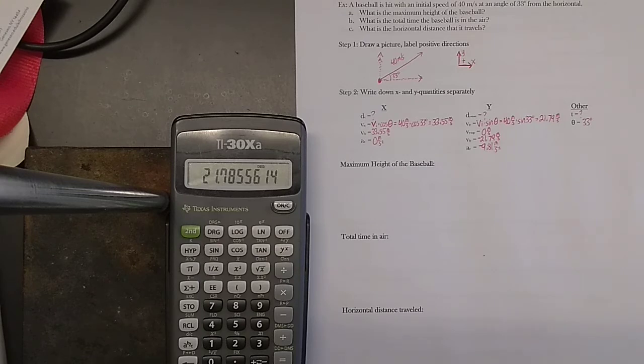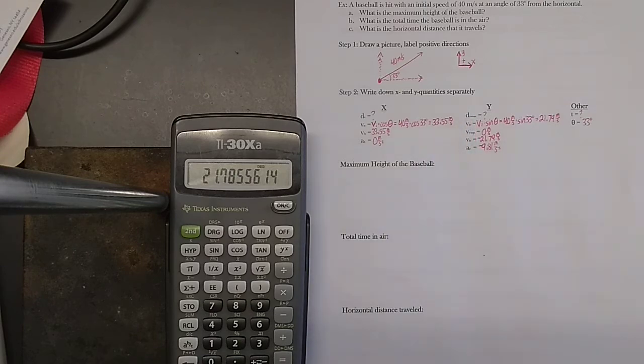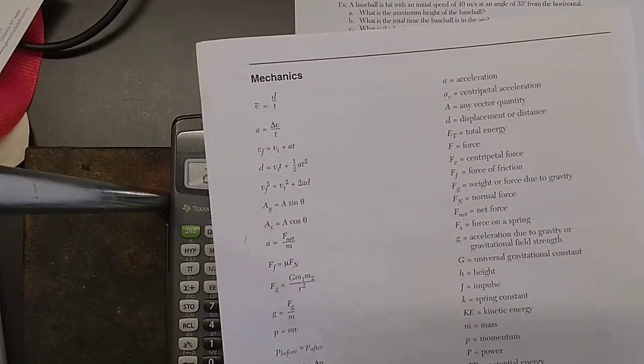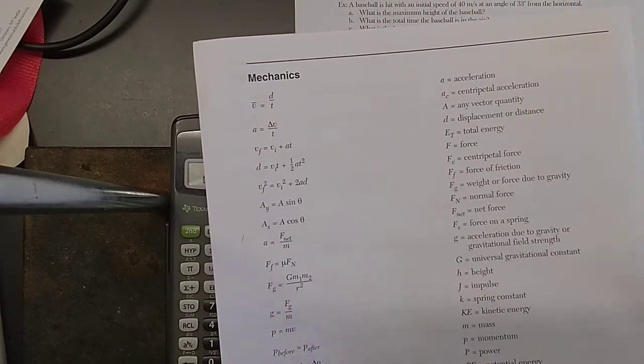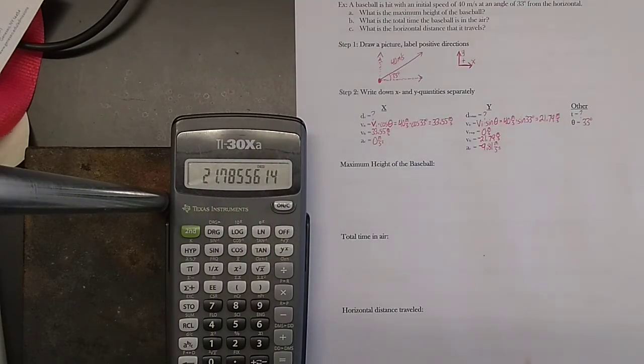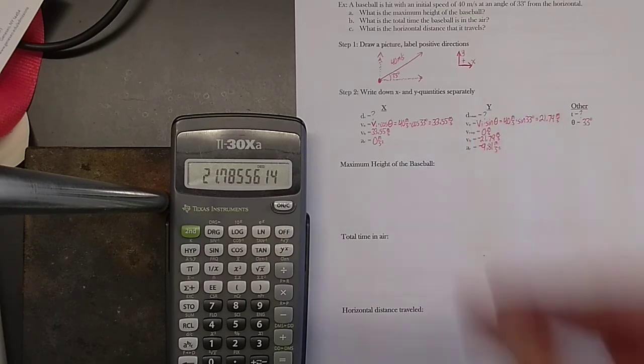Let's solve for the height of the baseball first. I'm looking for the distance that it rises up. I don't know the time yet, so once again, any equation with time probably isn't going to be very useful to me. So I'm going to pick this equation again, Vf squared equals Vi squared plus 2AD. And since I'm working on the maximum height of the baseball, I need to use only the y variables.